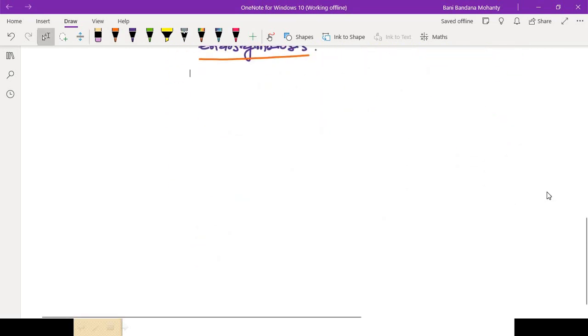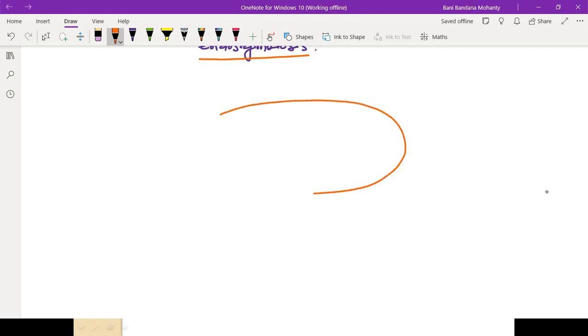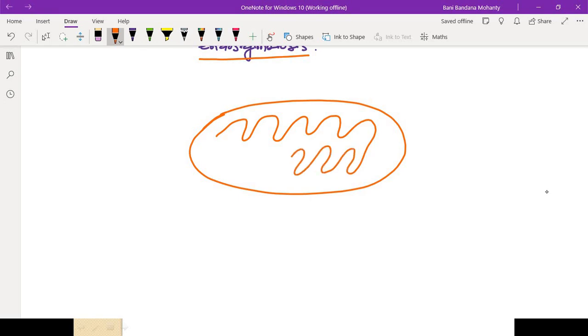Here I am drawing the structure of mitochondria. This is the outer membrane, and this one is the inner membrane, which forms enfoldings. I already showed you.